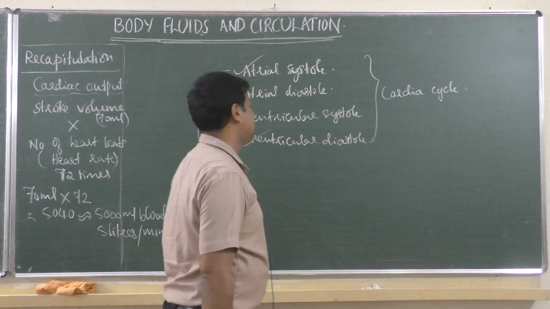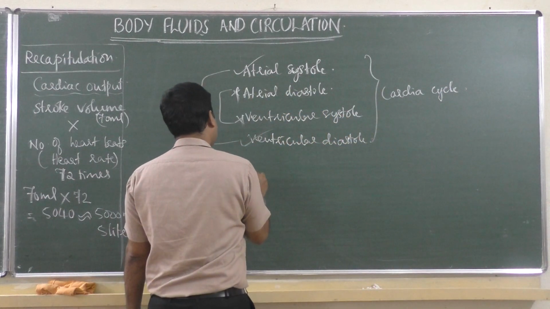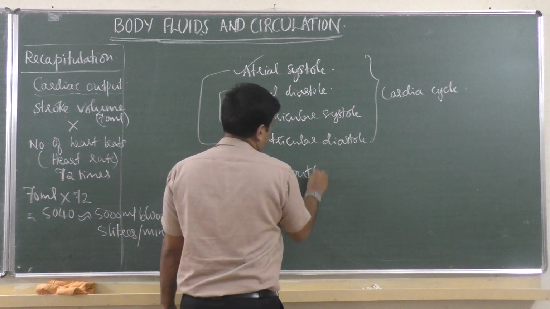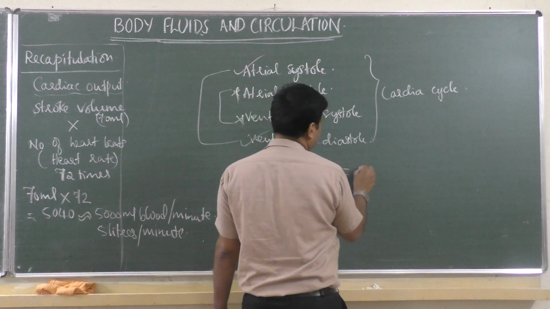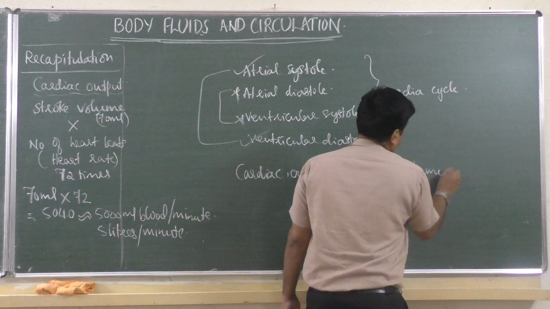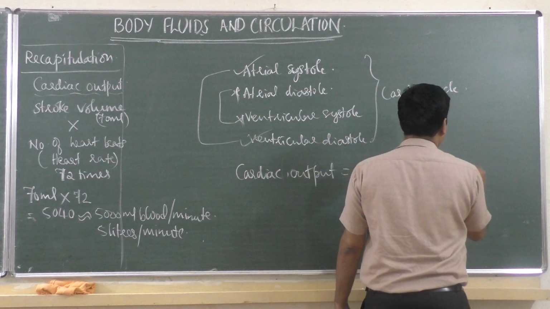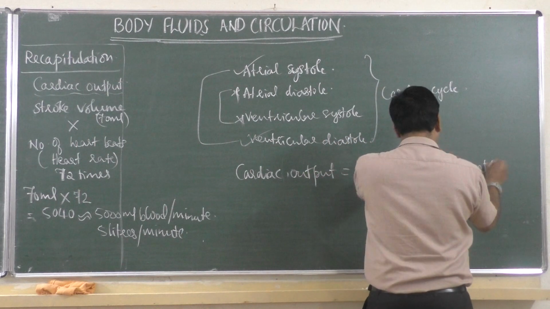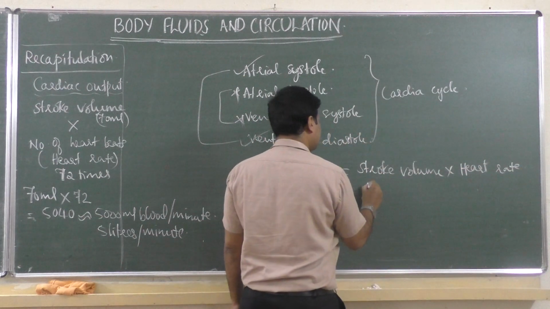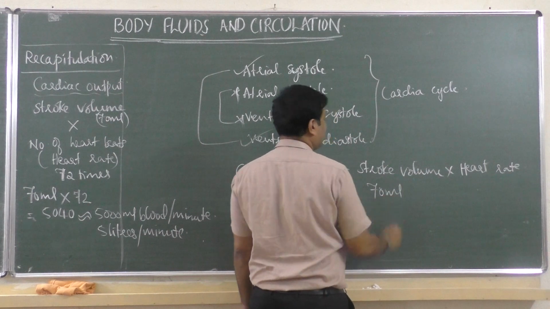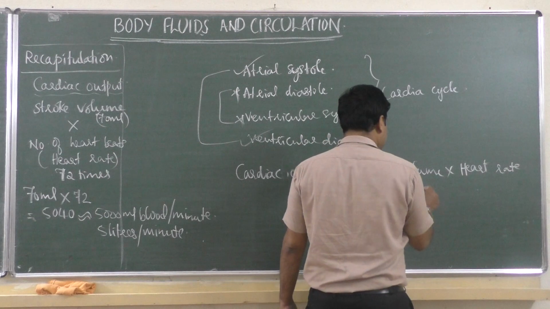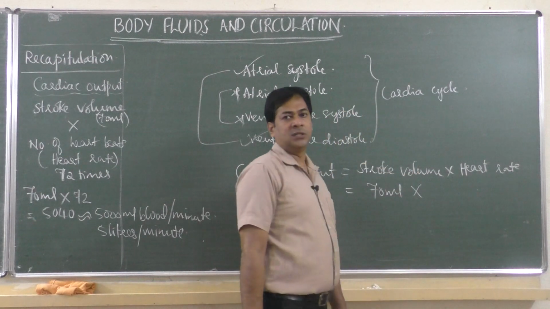Cardiac output is what we have calculated. Cardiac output is equal to stroke volume into heart rate, the number of heartbeats per minute. Stroke volume is 70 ml, the volume of blood pumped by the ventricles, into 72, the times a healthy person's heart beats in 1 minute.